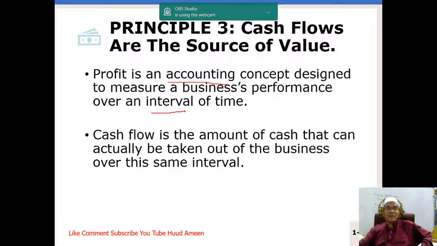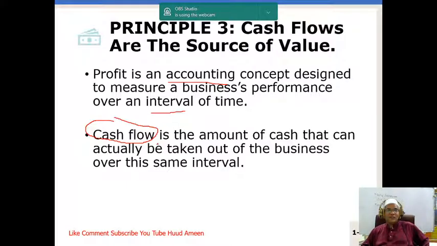Cash flow is the amount of cash. So you have to highlight cash flow. It is the amount of cash that can actually be taken out of the business over the same interval. Cash flow comes from the profit. If the profit is better, then the cash flow might be higher.